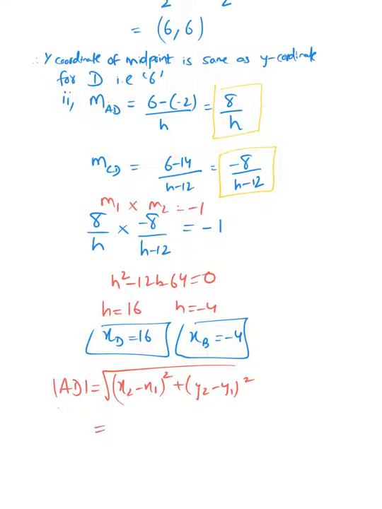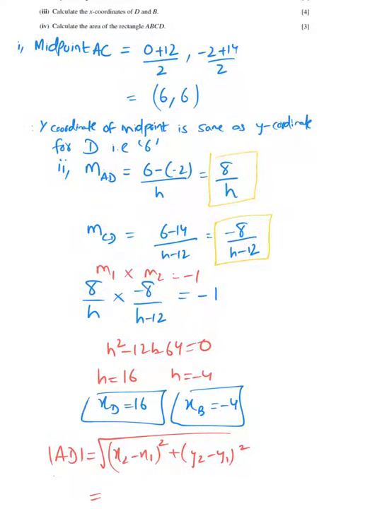So plugging in the values, what do I get? We do have the h coordinate, as the value of h is coming out to be 16 and the coordinate of A is (0, -2).